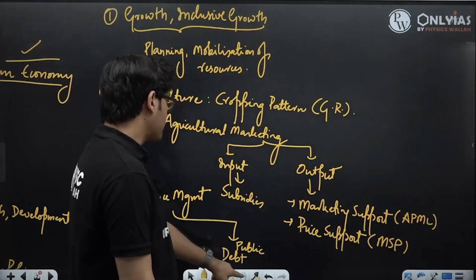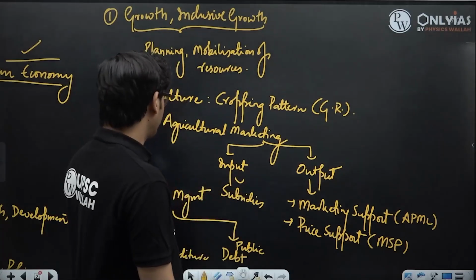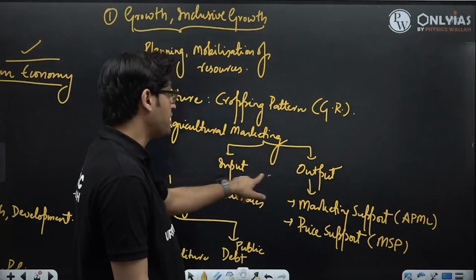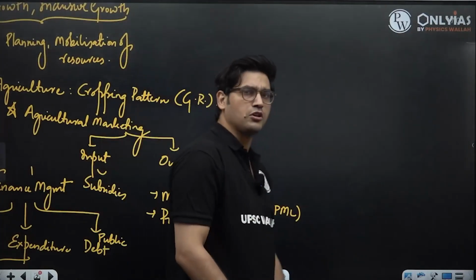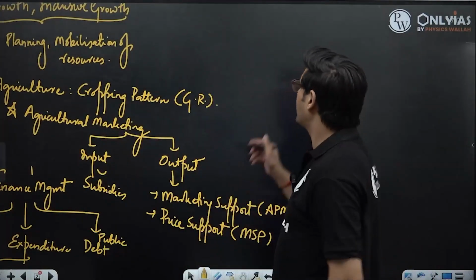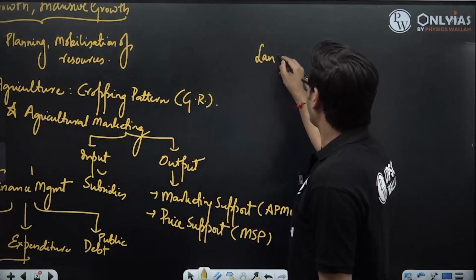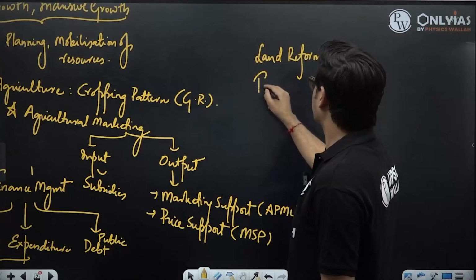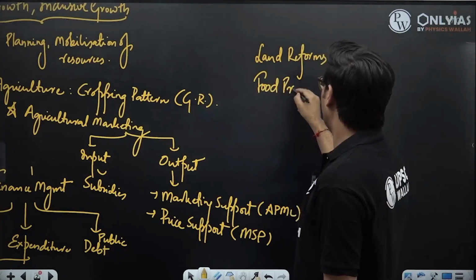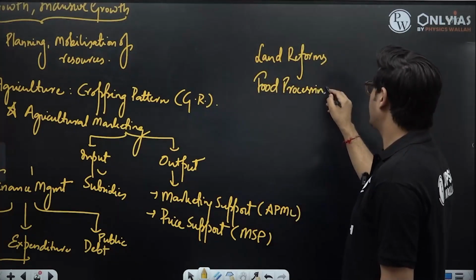Now, in agriculture, there are some other topics too, which have been mentioned in your syllabus per se. Those topics will be land reforms, and the other is the food processing sector in India.